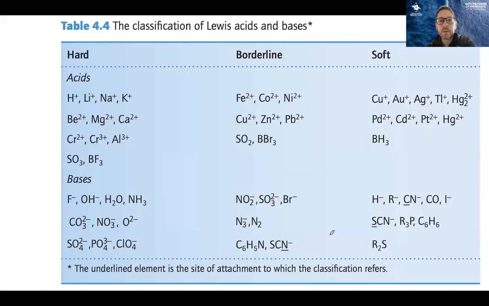So this is all done empirically. And in the end, we can have these tables classifying acids and bases into hard, borderline, and soft, which can give us important insights into understanding the stabilities and the tendencies in reactivity, for example.